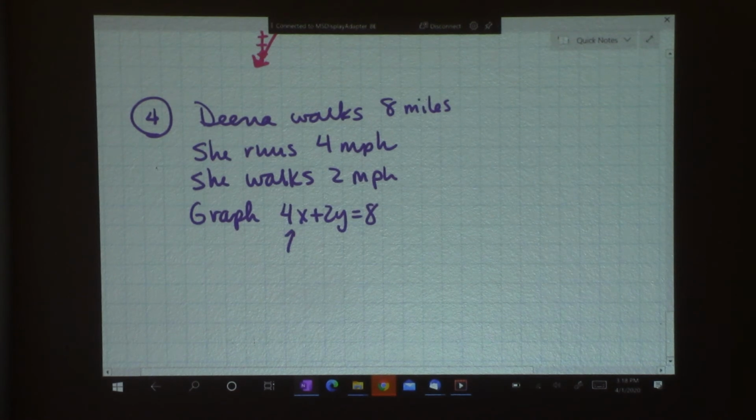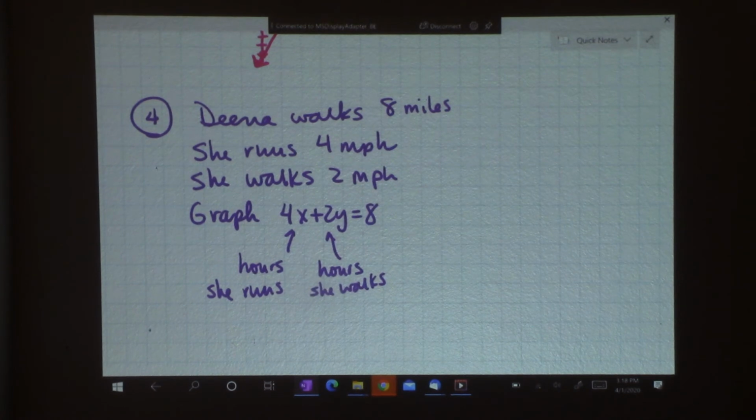So this is hours she runs. That's x. And y is hours she walks. All right. What do the intercepts represent?